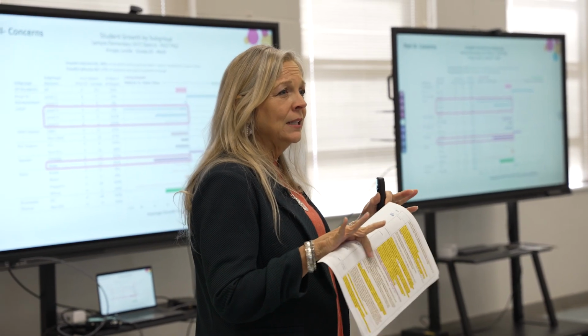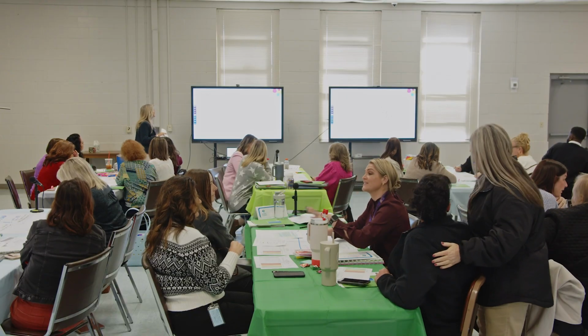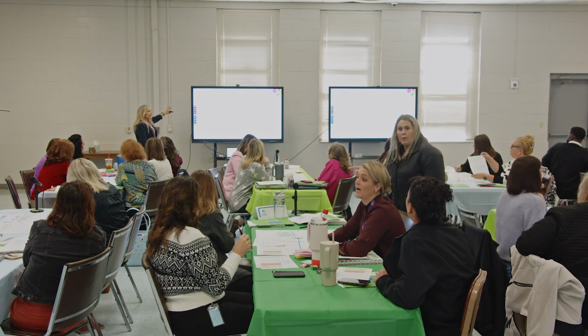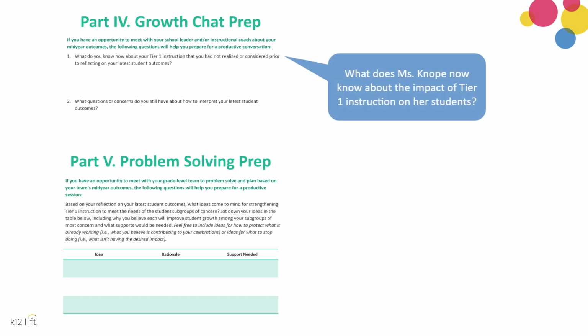I'm going to give you a minute to talk about it at your table, though. I want you to consider this. Let me get back to it. For parts 4 and 5, we want Ms. Nope, or whoever might be in that teacher role, to think about some things.